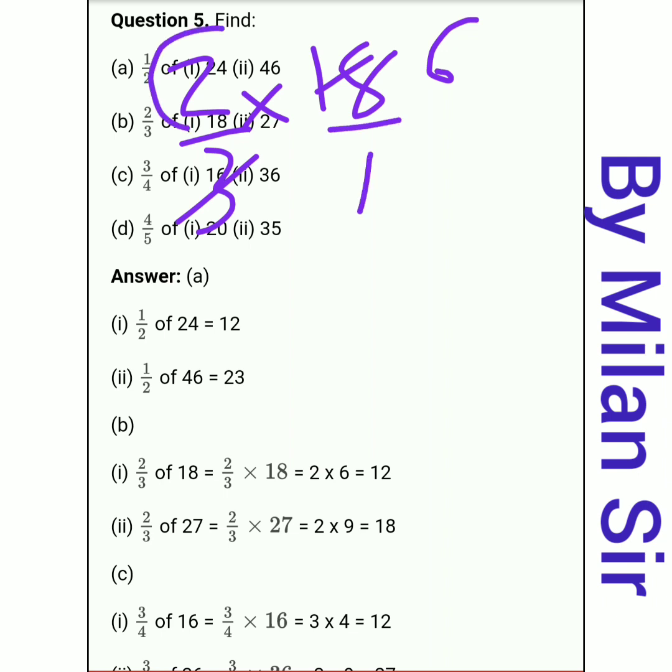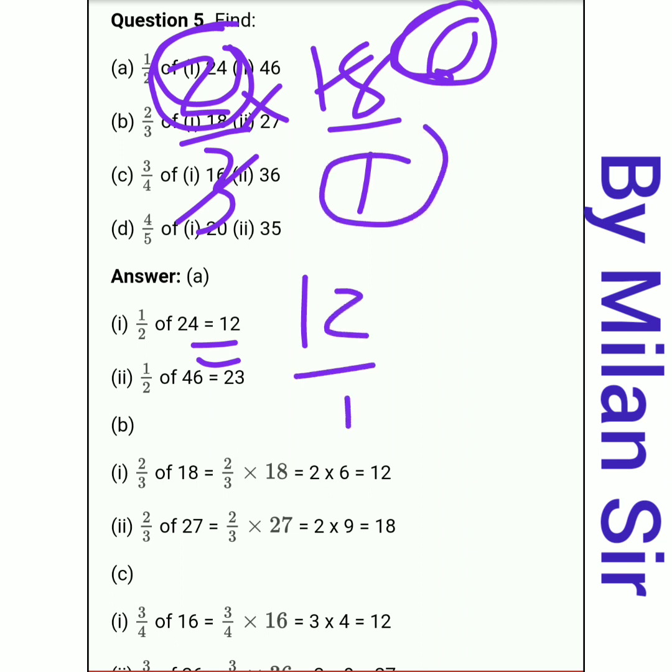Now numerator with numerator, so 6 into 2, we need to do multiplication of numerator with numerator. So in the numerator we have 2 and 6, so 6 twos are 12, and in the denominator we have 1. Now 12 divided by 1 is 12 only, so our answer is 12.